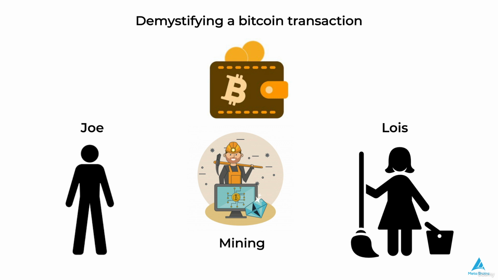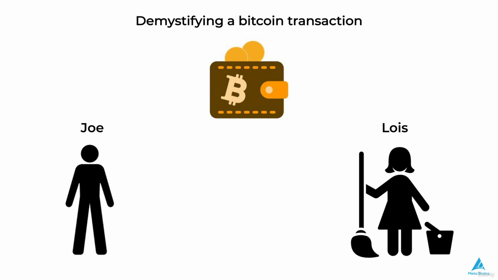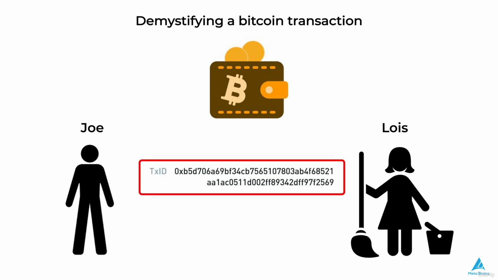Mining is, in simple terms, a computational process of solving complex mathematical puzzles of any given transaction to arrive at that transaction's hash. A transaction hash, also known as an ID, is a unique string of characters that is given to every transaction that is verified and added to the blockchain.